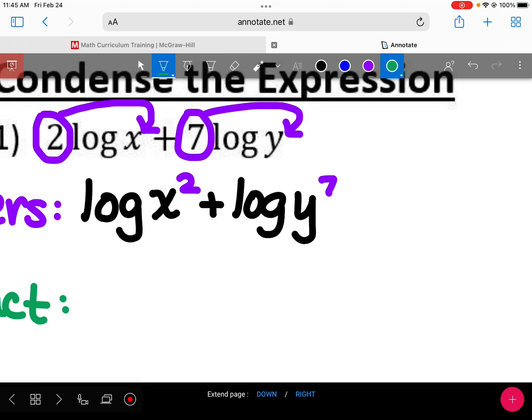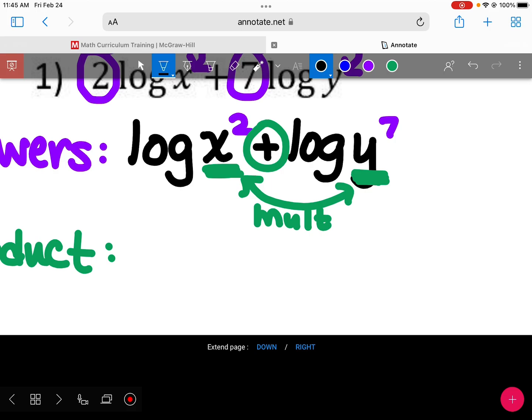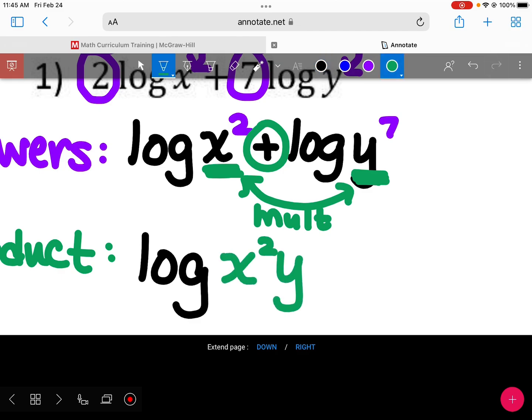Here's the argument of the first log. Here's the argument of the second log. Because there's a plus in between, we will multiply these 2. We get just 1 log, log of x squared y to the 7th.